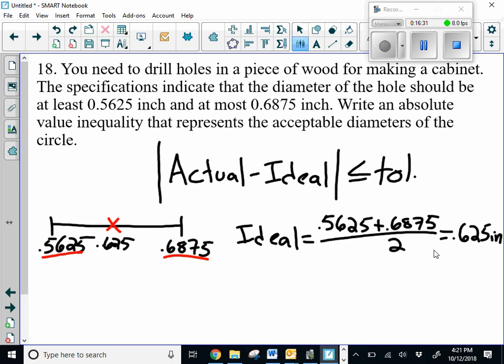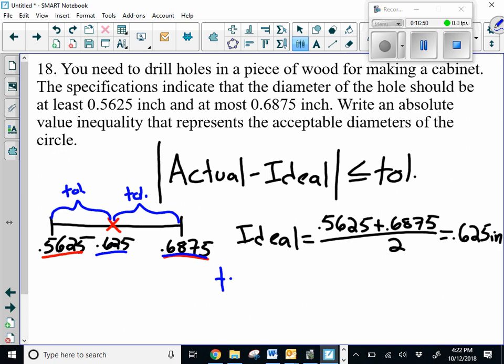Then to figure out the tolerance, remember that's just the distance from the high to the low. Or sorry, from the high to the ideal, which is the same thing as the distance from the ideal to the low. So here we have a few options. I'm just going to do the highest amount minus our ideal.